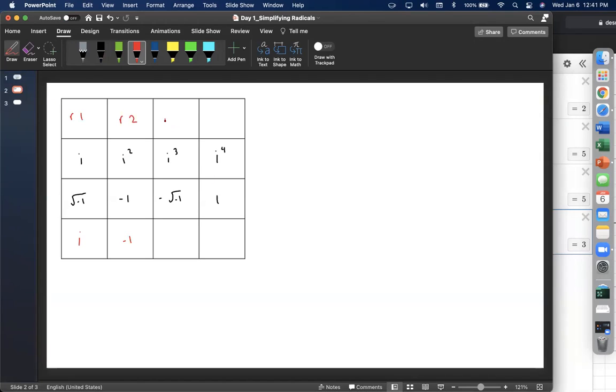When we have i cubed, we have a remainder of 3, and our answer will be a -i. And when we have i to the fourth, our remainder is 0, and our answer is going to be a 1. So the important numbers are i, -1, -i, and 1. You can think of the acronym i1, i1.